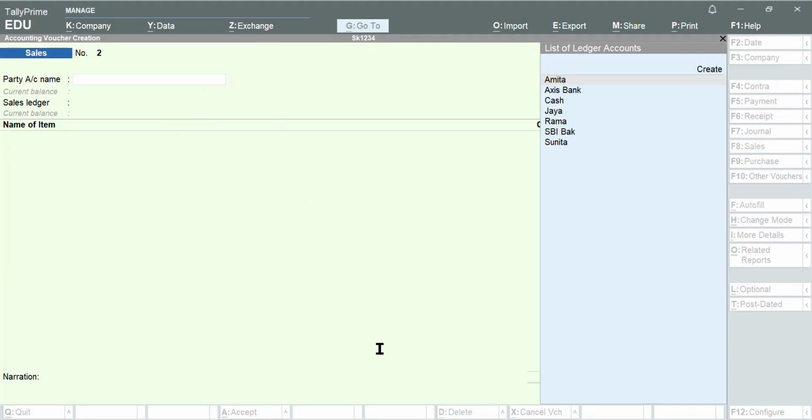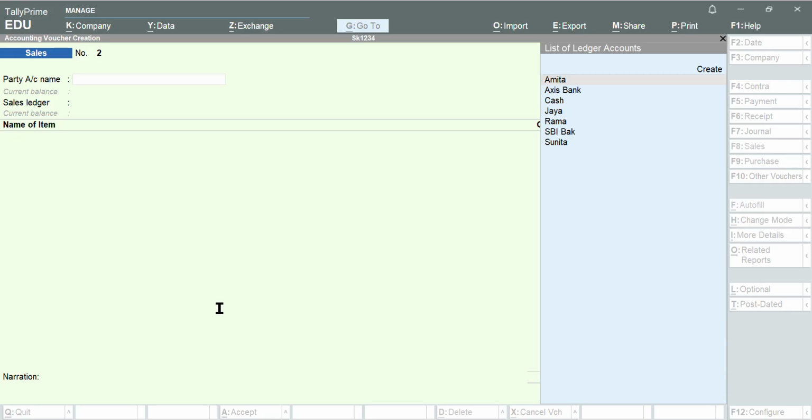Next transaction, goods sold to Amita. So we have done these three. All right, I'm just highlighting this so that we know. Now next one is goods sold to Amita, fourth one. Okay, so sale to Amita, fourth one here, this one. Okay, and what are we selling?